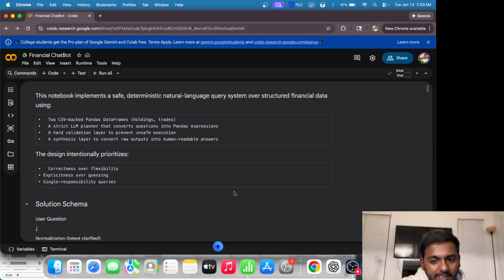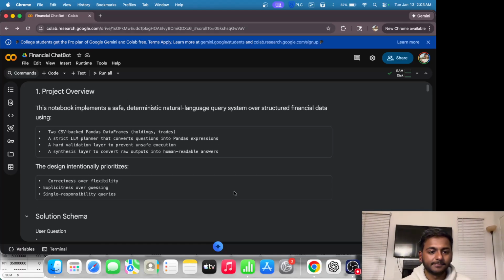Also, I would like to state that this is not a free form chatbot and it is not a text to SQL. Instead, this is a controlled natural language query engine that converts questions into safe and executable Pandas expressions.